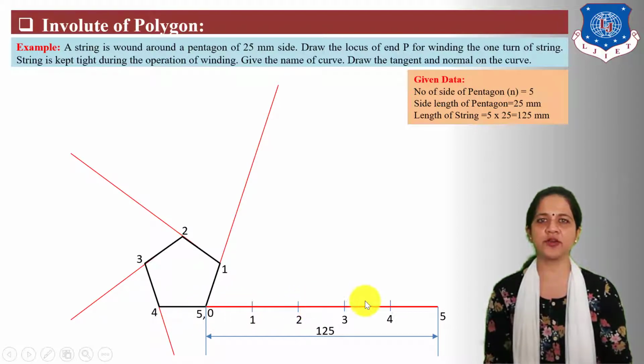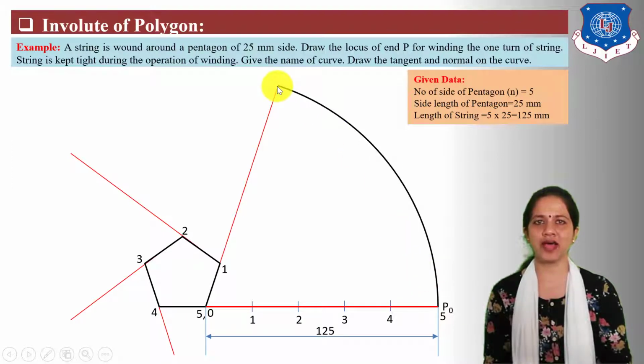So next locate the end point of string. At 0 position of the pentagon, the end point of string is here. So locate P0 point. Now for P1 locus point, take center 0, radius 0 to 5 and draw an arc up to the 1 location of string and mark here locus point P1.